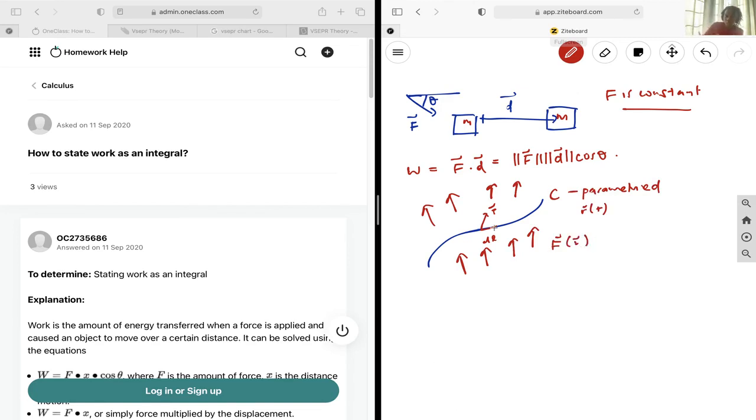In this case, the work done over this very small part is going to be what we've calculated.